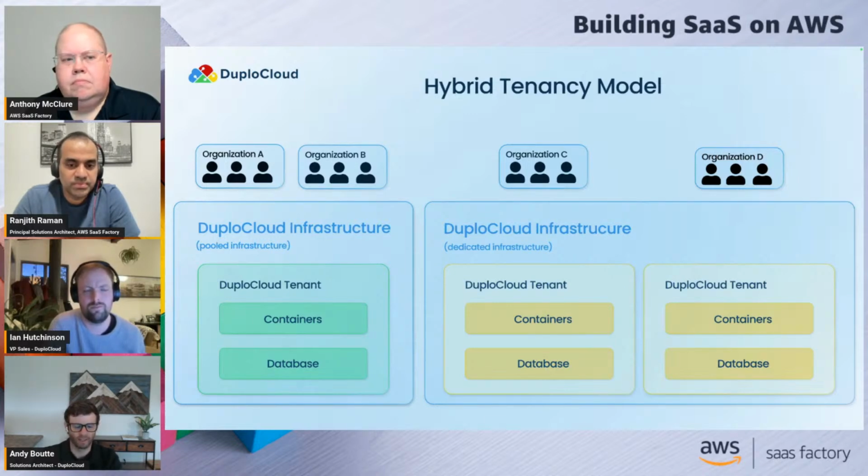And then Ian, back to the numbers, about 20% of our customers have some sort of a hybrid model. So the vast majority of the customers have tenancy supported natively by the application, but about 20% of our customers require infrastructure to help create that tenancy and isolation between the customers.